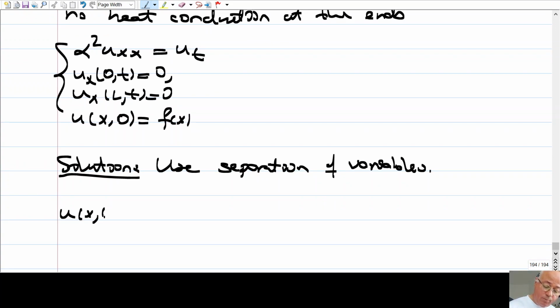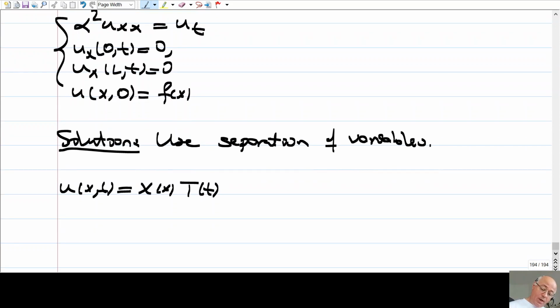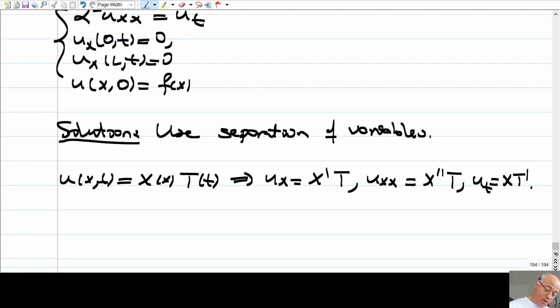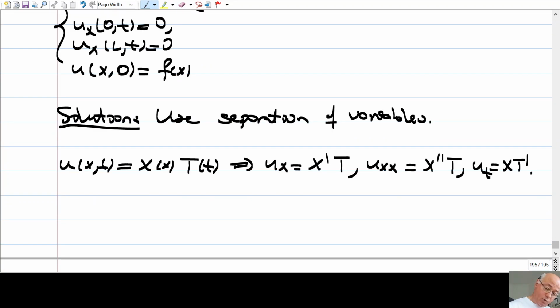So I assume my solution has this form: a function of x and a function of time. u sub x is X prime T, u_xx is just X double prime times T, and u sub t is just X times T prime. I plug this into the equation, so we get what?